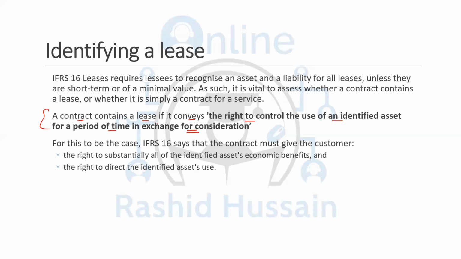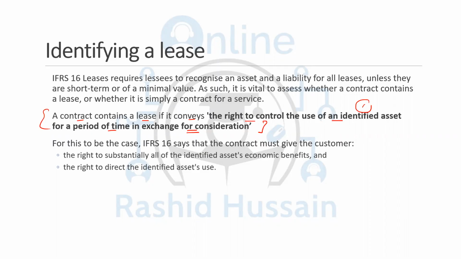Now, concentrate on this definition. There are two main things within it. The first thing is the identified asset. Identified asset means that the asset or assets you are talking about within the lease contract should be specifically mentioned within the lease.